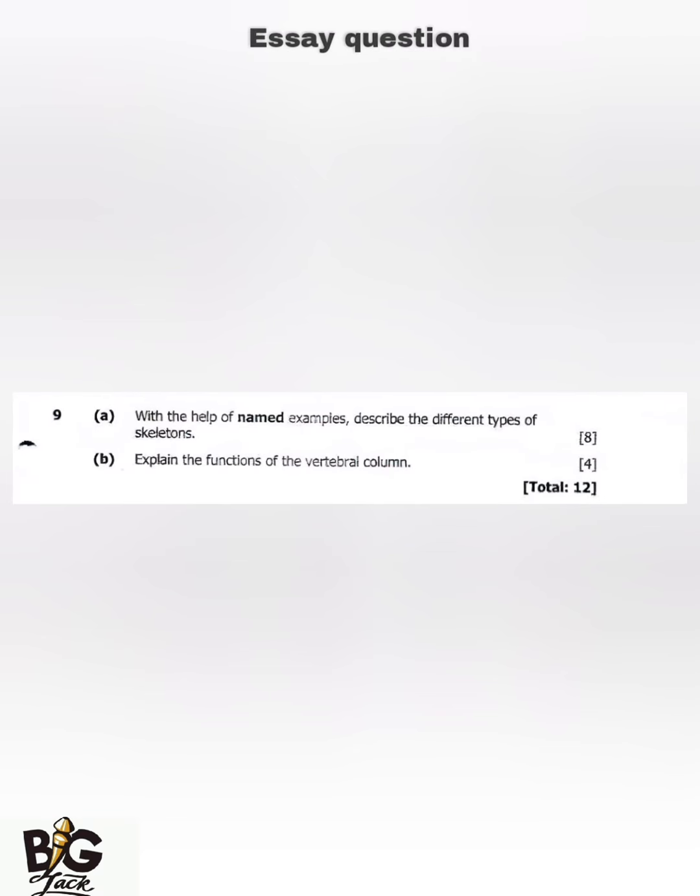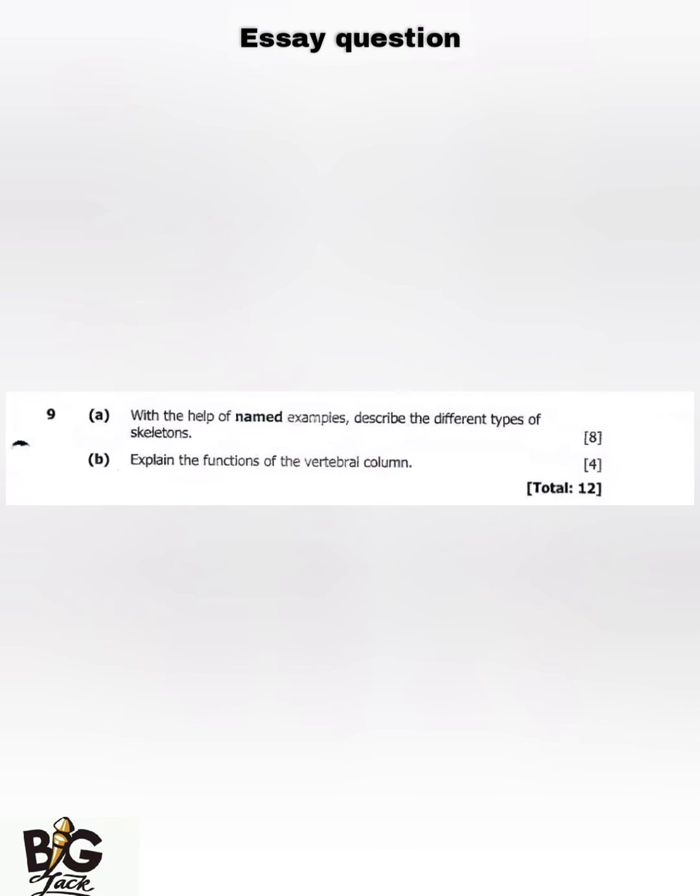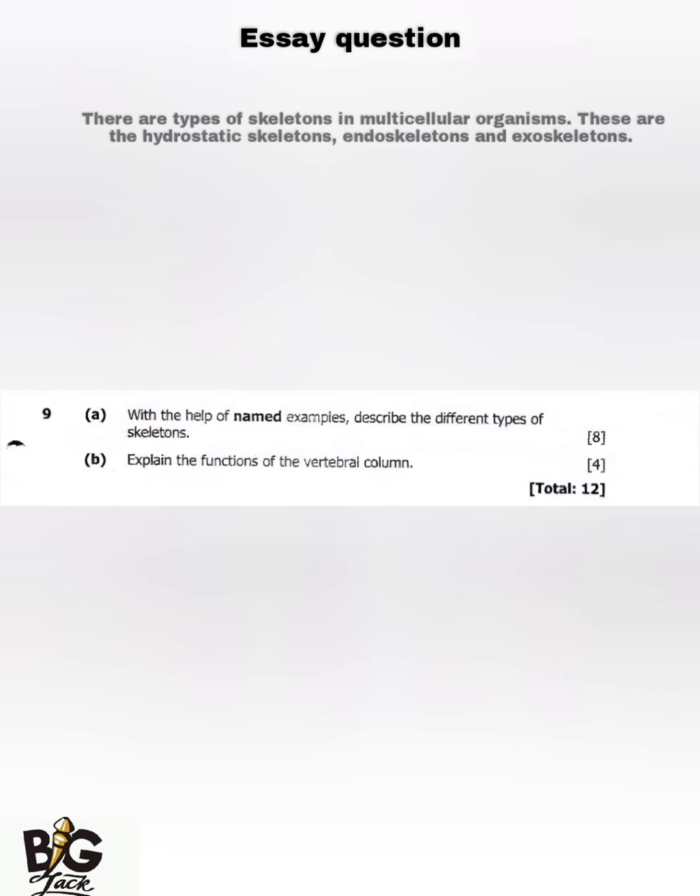So there are three types of skeletons: the first one is the hydrostatic skeleton, the endoskeleton, and the exoskeleton. There are three types of skeletons in multicellular organisms. These are the hydrostatic skeleton, endoskeleton, and the exoskeleton.